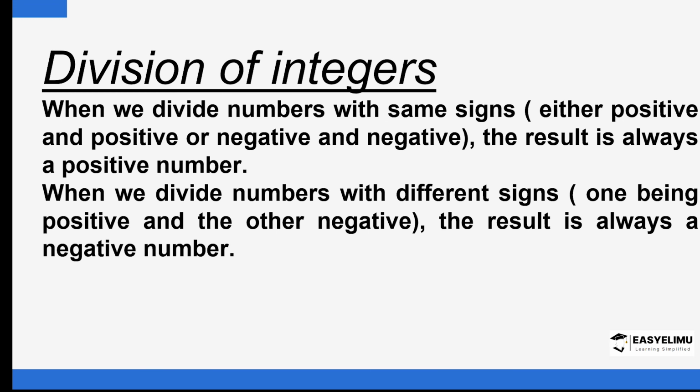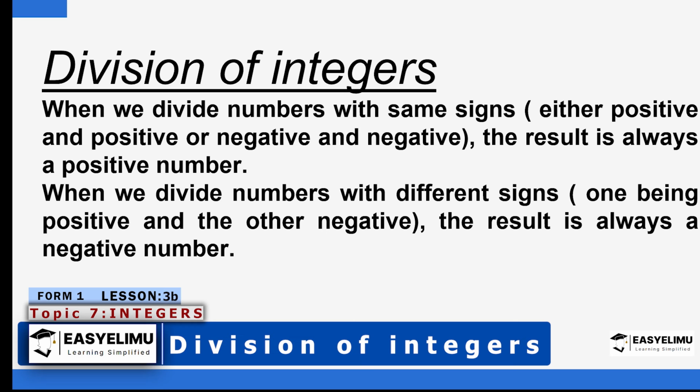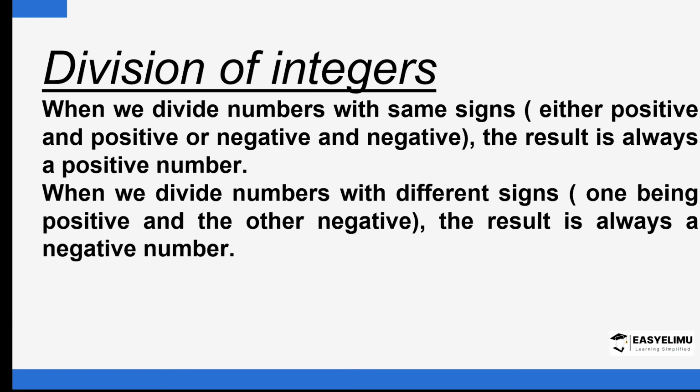So we want to see the rule that is applicable when it comes to division of integers. The first one is that when you are dividing numbers with the same sign, remember the integer is all about directed numbers. So numbers have signs. For example, you can have +2 divided by +3. So you see, in this case, these are the signs we are talking about.